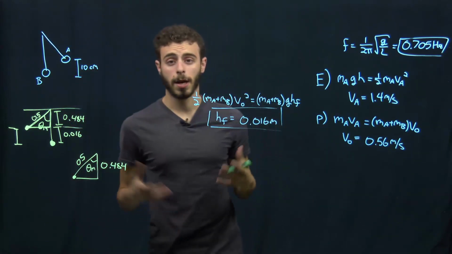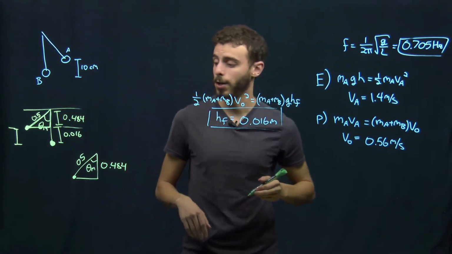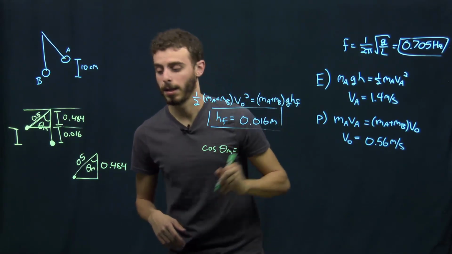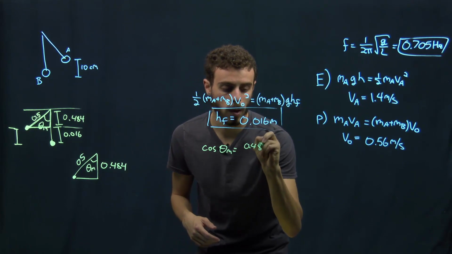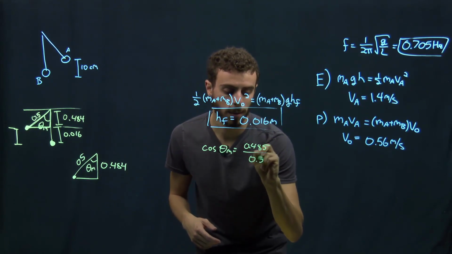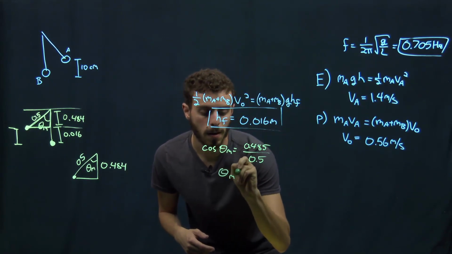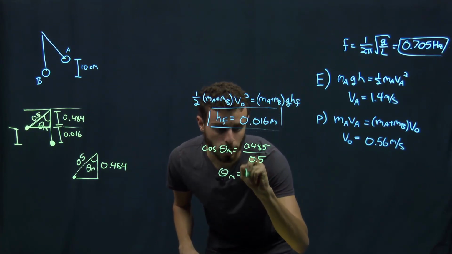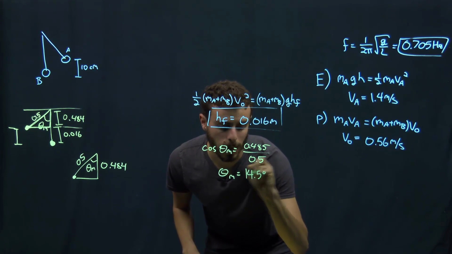So from this, you guys could just do some simple trig, and you should be able to say cosine of theta m is equal to 0.484 divided by 0.5, and therefore our maximum angle of displacement should be equal to 14.5 degrees.